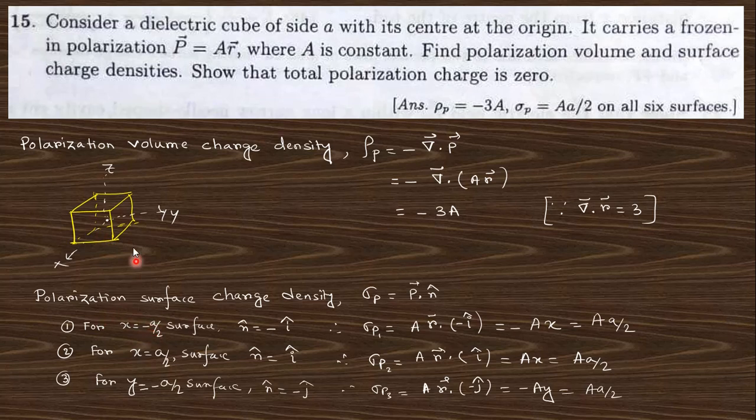For x equal to minus a by 2, that means on the back surface, n cap will be minus i cap. So P dot n cap will be minus A x, and the value of x is minus a by 2, so you will get A a by 2. Similarly, for x equal to a by 2, the front surface, n cap is i cap, so this is A r dot i cap, that is A x, and the value of x is a by 2, so you get the same. In the case of the y axis, for y equal to minus a by 2, n cap is minus j cap, you get minus A y, and putting y as minus a by 2 you get A a by 2.